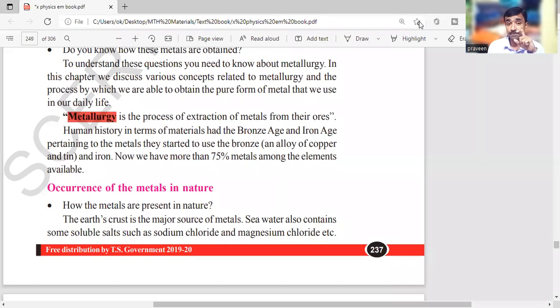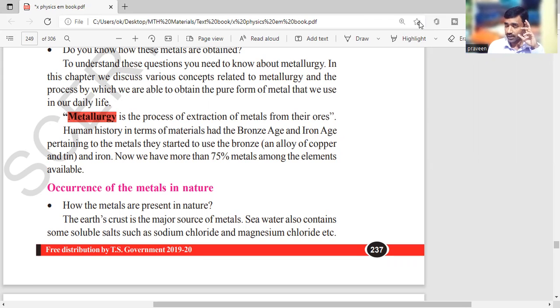So when they were introduced to these minerals and metals, in the Bronze Age they used bronze, in the Iron Age they used iron. After that, they discovered more, right? Bronze is an alloy of copper and tin. They also knew how to produce iron.